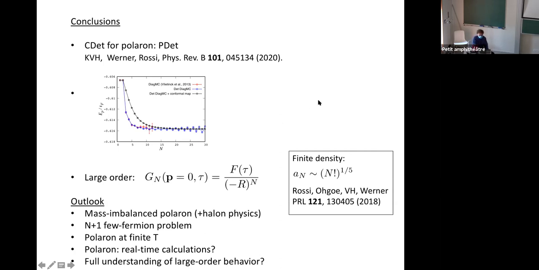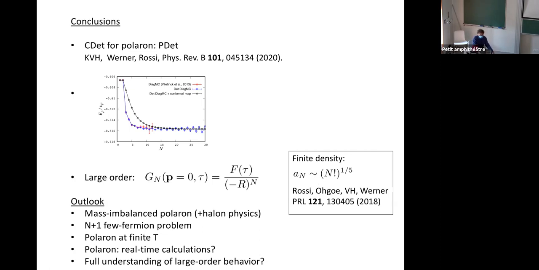Maybe one side comment, that is that if we go to finite densities for the impurity, so if we really look at the many-body case, then the situation for the large order behavior is very different. So we had an earlier study together with Riccardo Rossi, Takahiro Ogoe, and Felix Werner, where we showed that the radius of convergence is always 0 in the many-body case in the continuum.